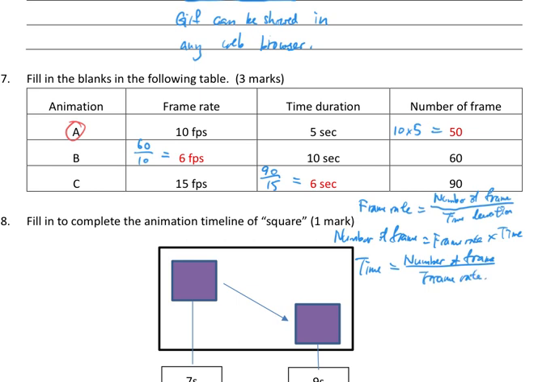So you can check the above formulas: number of frames equals frame rate times time; frame rate equals number of frames divided by time; and time duration equals number of frames divided by frame rate. You can use these three formulas to find all the answers.